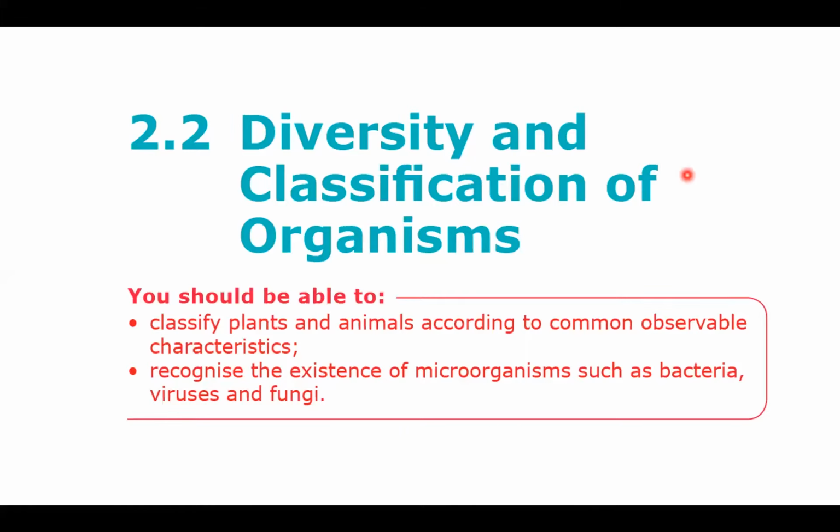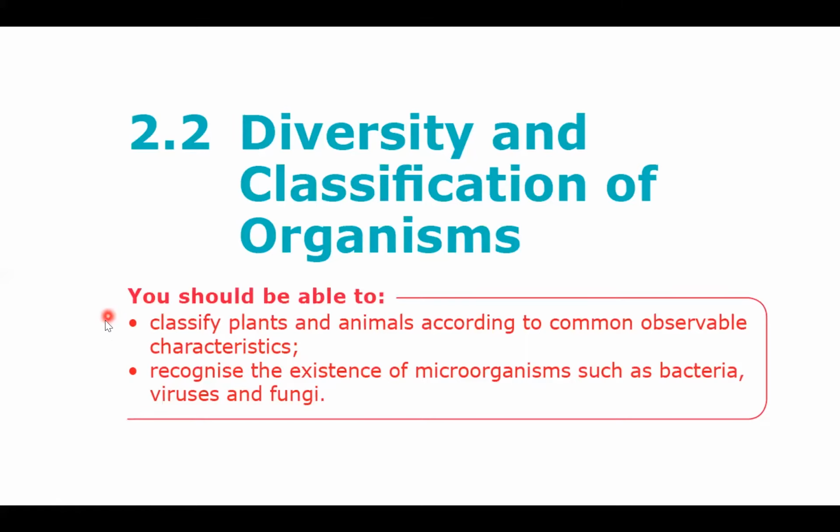All right, you have your textbook and notes ready. Before we start, I want to explain the two objectives for this lesson. By the end of this lesson, you should be able to, objective number 1, classify plants and animals according to common observable characteristics. Objective number 2, recognize the existence of microorganisms such as bacteria, viruses, and fungi.